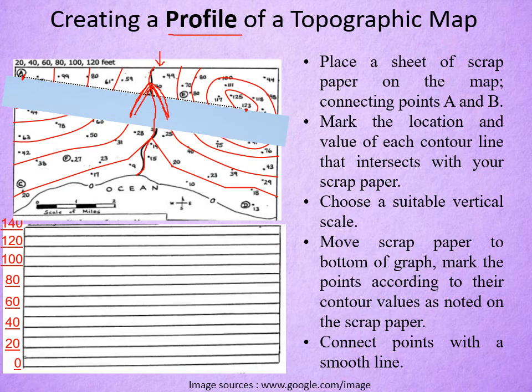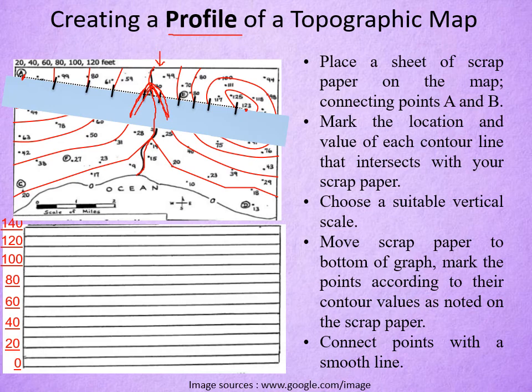Now we have to mark the locations and value of each contour line that intersects with your scrap paper. As you can see, we are marking all the intersecting points of contour lines with the scrap paper, and simultaneously we also note the height values, the altitude values at that intersecting point.